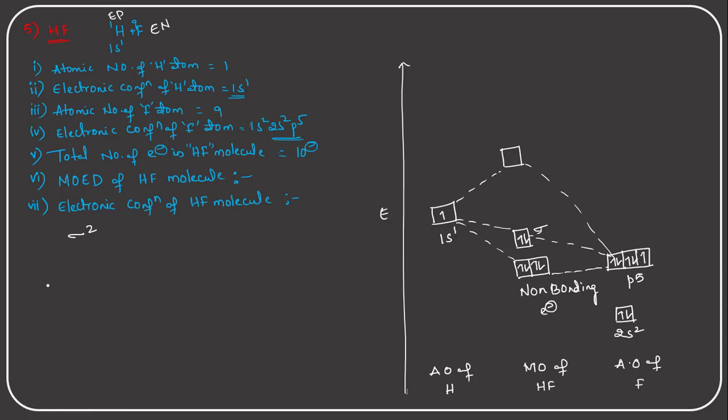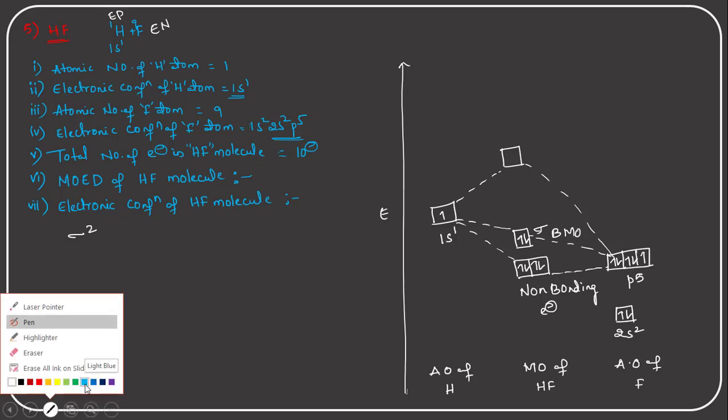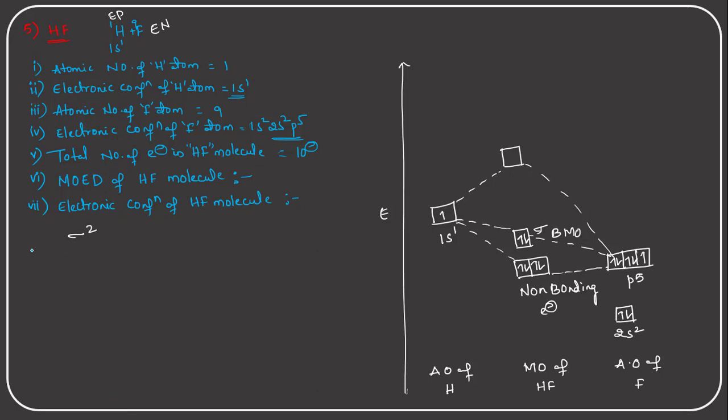Here I am not writing the s and p orbitals. So only the sigma orbital, which is a bonding molecular orbital, and this is the anti-bonding molecular orbital, and the rest remained as non-bonding electrons only. This orbital is merged with this orbital, forming a pair. So sigma 2 electrons. And now, are there any unpaired electrons in the molecular orbitals? No, there are no unpaired electrons in the bonding molecular orbitals or non-bonding orbitals.